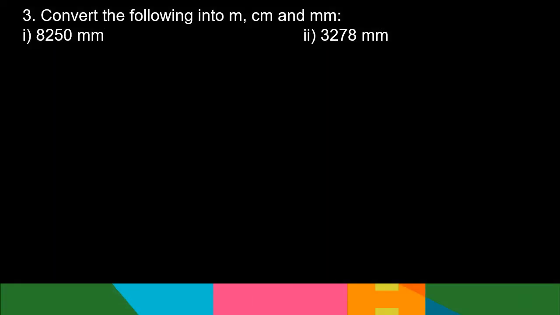In the next question, we have to convert the following into meter, centimeter and millimeter. Now again, the relation is 1 meter is equal to 1000 millimeter and 1 centimeter is equal to 10 millimeter. So again we have this 1000 and 10's place.